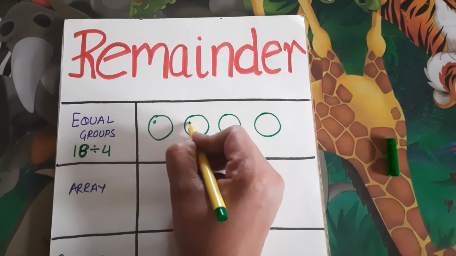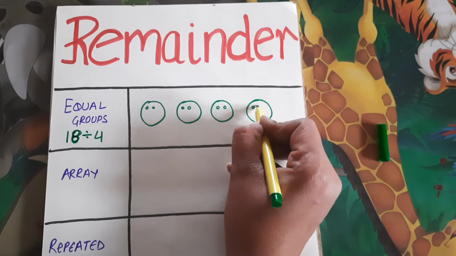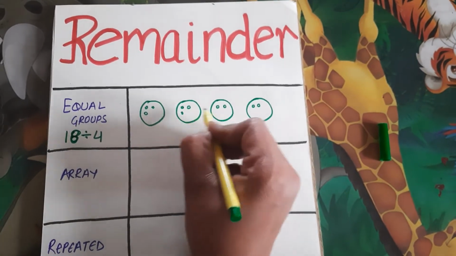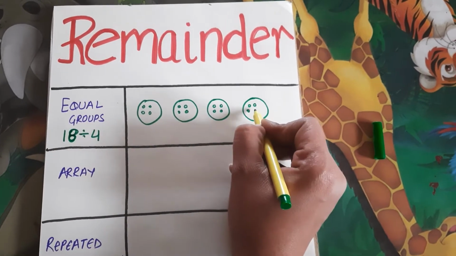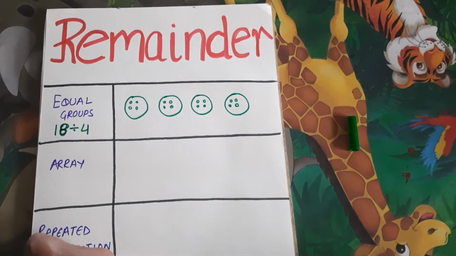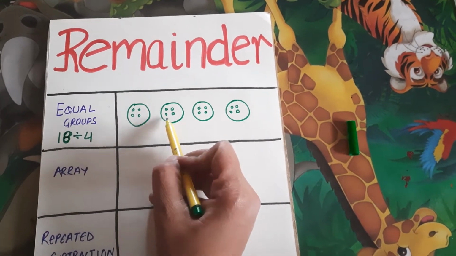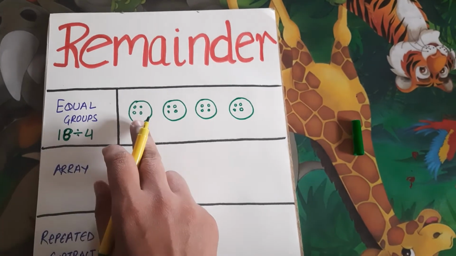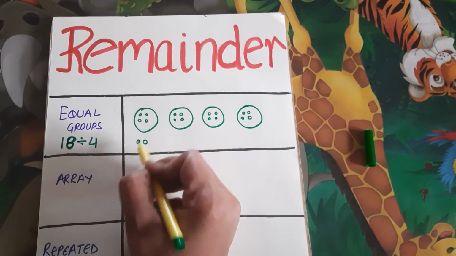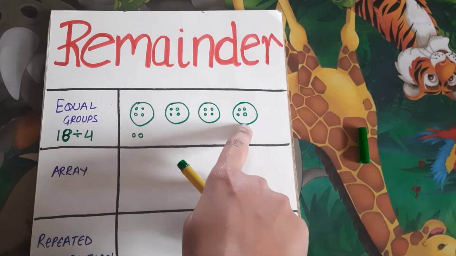So 1, 2, 3, 4, 5, 6, 7, 8, 9, 10, 11, 12, 13, 14, 15, 16. Oh, so now 2 is left, but I have my 4 groups. So that 2 I cannot distribute. These 2 are left, and I cannot distribute them equally amongst my 4 groups.